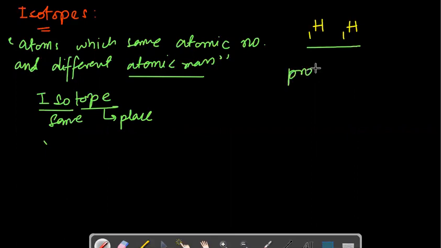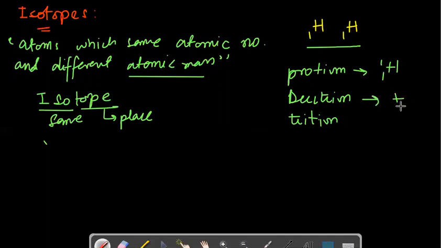One is known as protium, the other is known as deuterium, and the last one is known as tritium. Protium has the symbol H 1 1, deuterium has the symbol H 1 2, and tritium has the symbol H 1 3.